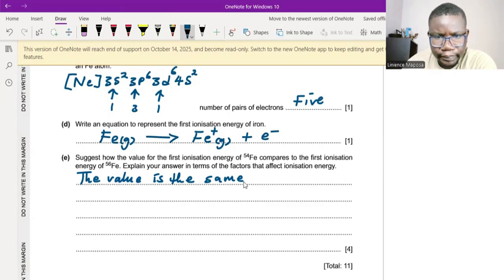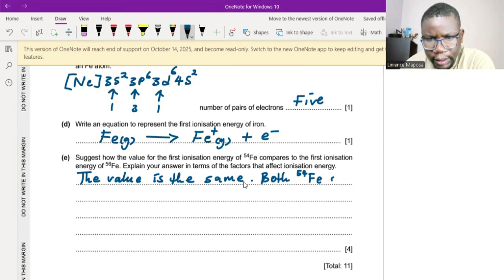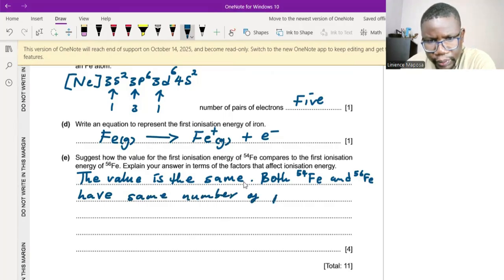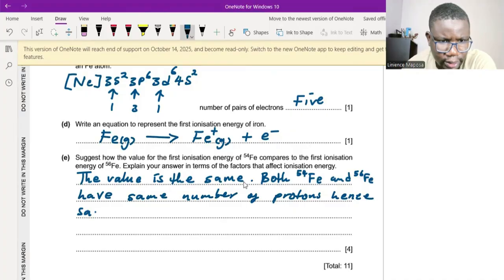We can say they both, iron-54 and iron-56, have the same number of protons and the same nuclear charge.